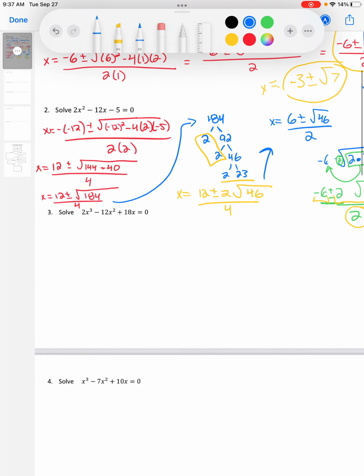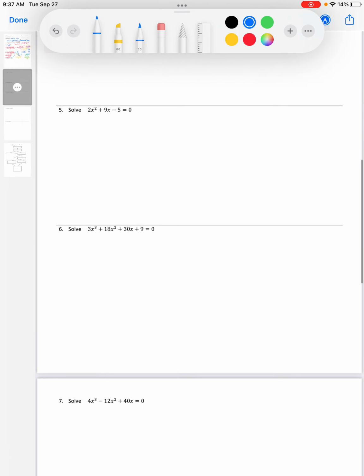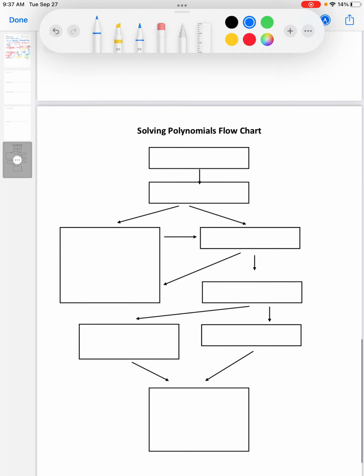Now let's look at question 3. Well, actually, before we get to question 3, I want us to go on the back page and quickly review solving polynomials in that flow chart. Just to review what to do when we're solving polynomials, because it's kind of steps. You need to ask yourself questions to know what to do next.